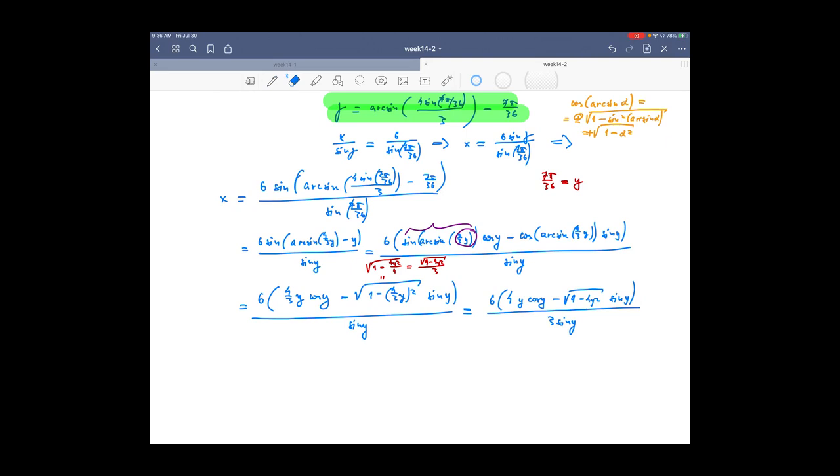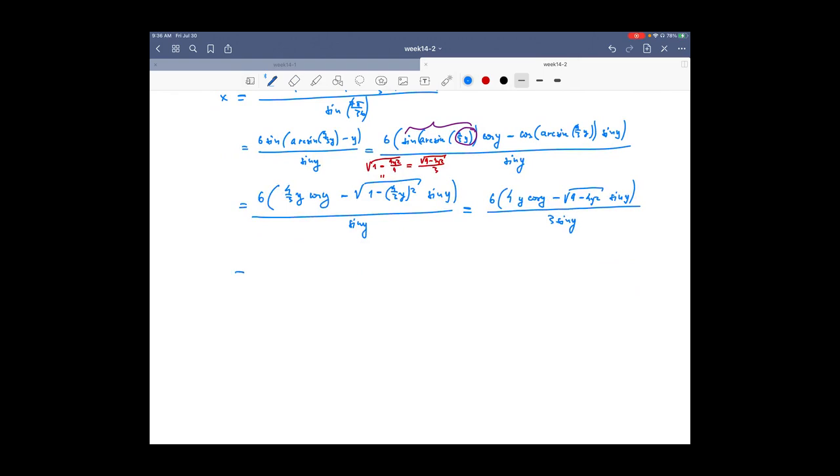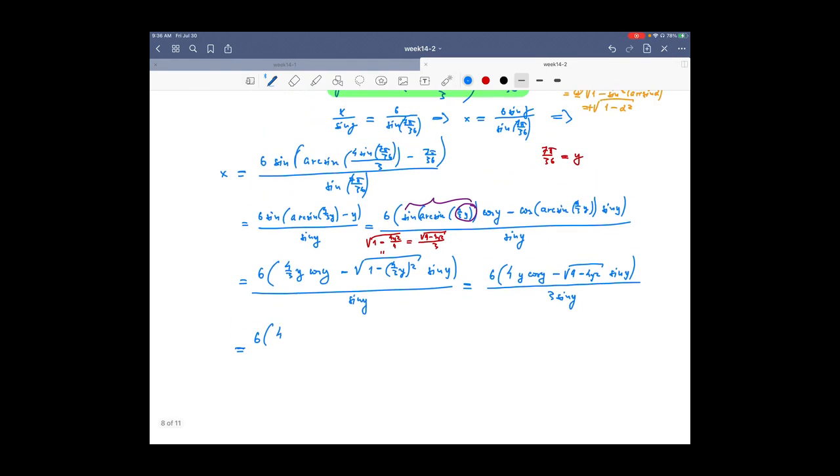Again, it may be difficult to see the point of this simplification. But anyway, we do get some kind of answer. 6 times 4 times 7 pi over 36 times cosine of 7 pi over 36 minus root of 9 minus 4 times 7 pi over 36 squared times sine of 7 pi over 36.